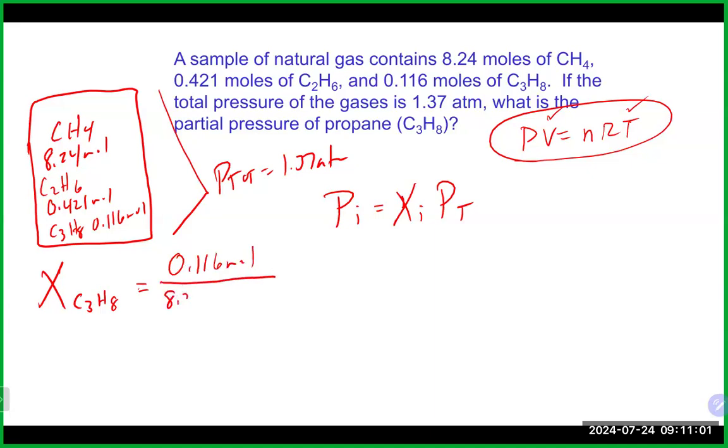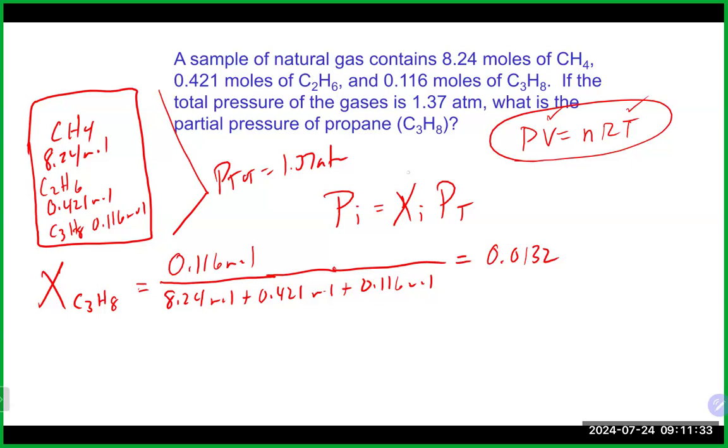So we're going to take 8.24 moles, add it to 0.421 and add it to 0.116 moles. I think it's like 8.777 if I'm not mistaken. 0.116 divided by all those added together is going to give us a mole fraction for propane of 0.0132, or about 1% or so.